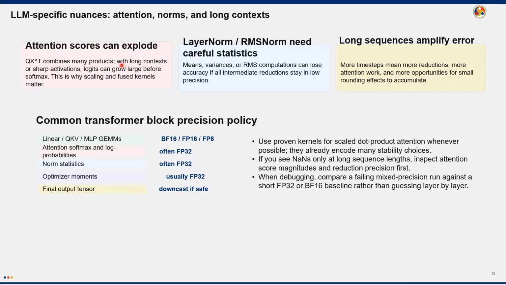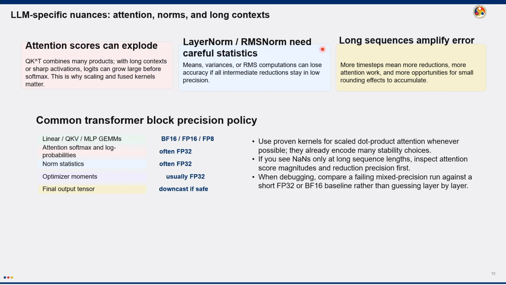So essentially each value is multiplied with many, and then the many products will get accumulated. So with long contexts or sharp activations, logits can grow larger before softmax. This is why scaling and fused kernels matter. If you are in the domain of, let's say, convolutional neural networks, it may not be applicable, but in the LLM domain it is applicable to do the scaling and fused kernels application before the softmax.